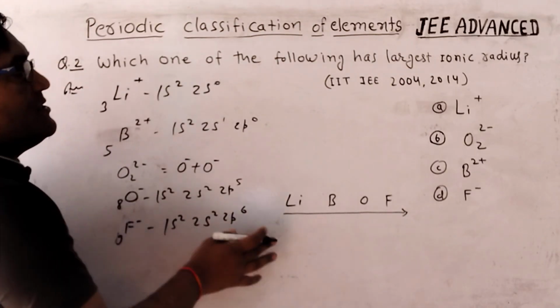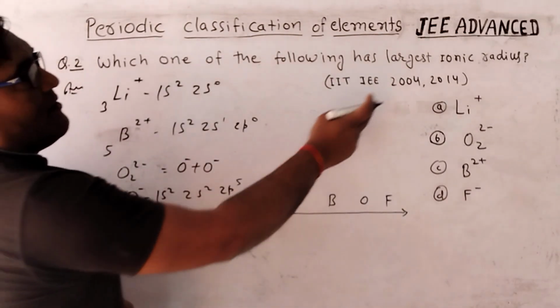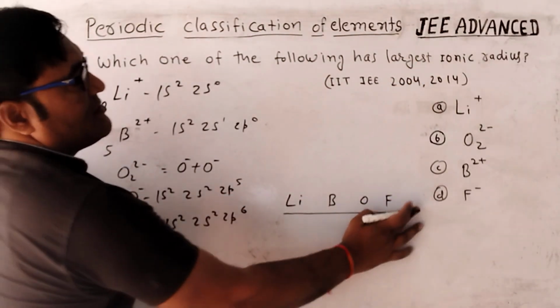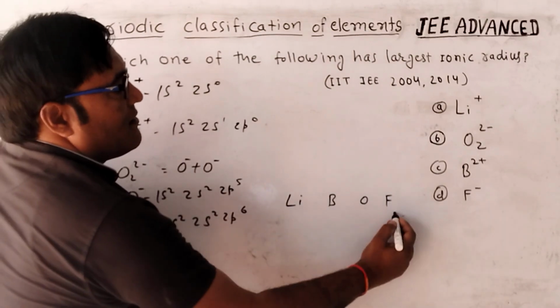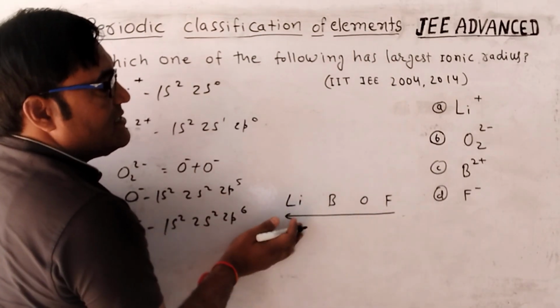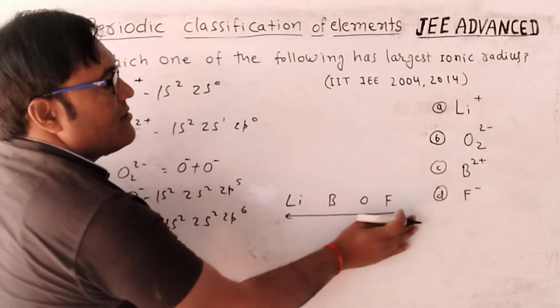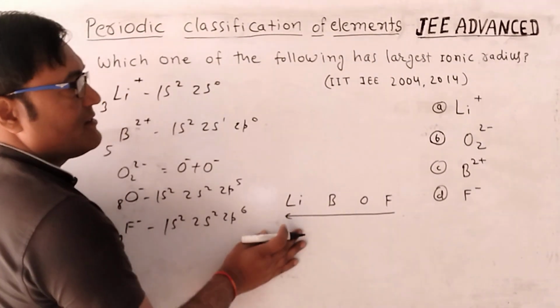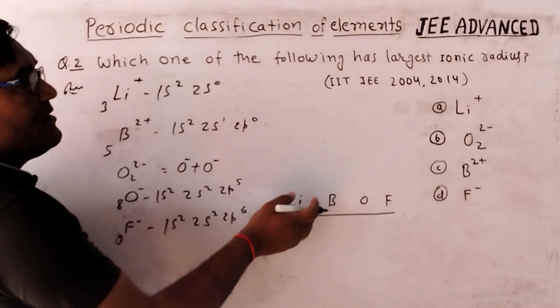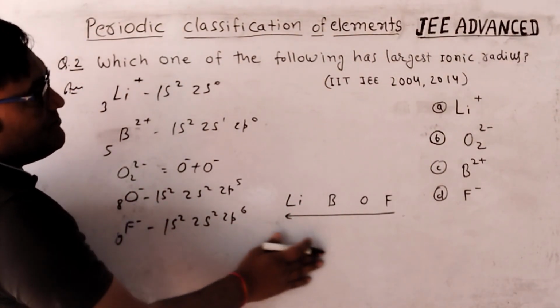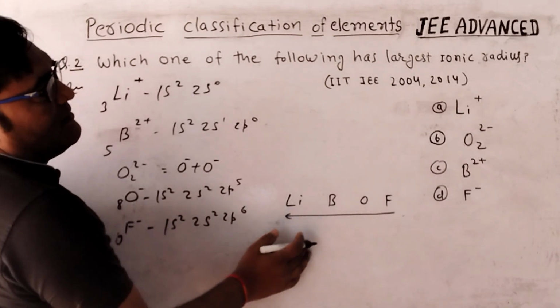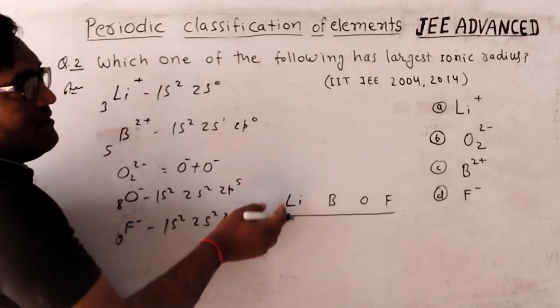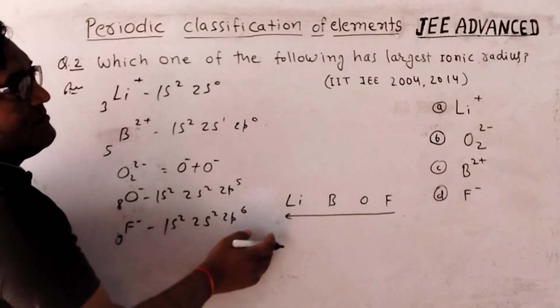Left to right, with increase in atomic number, atomic size decreases. So on the basis of this concept, atomic size decreases left to right and atomic size increases right to left. Whenever they are converted into ions, then the order of size can change.